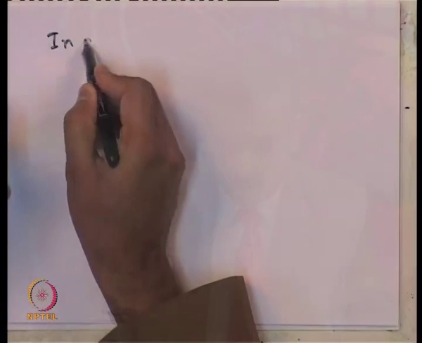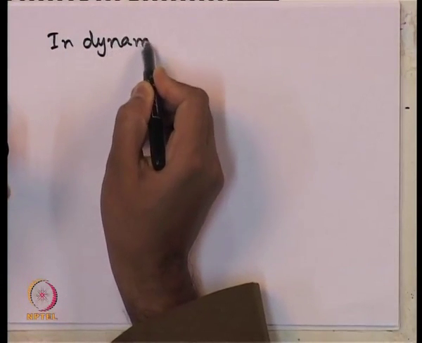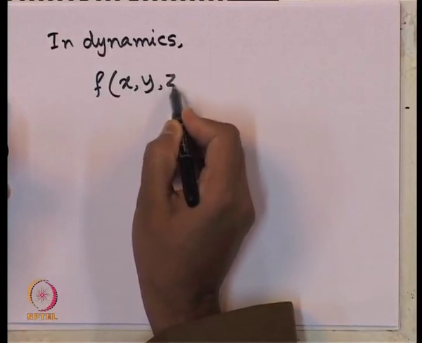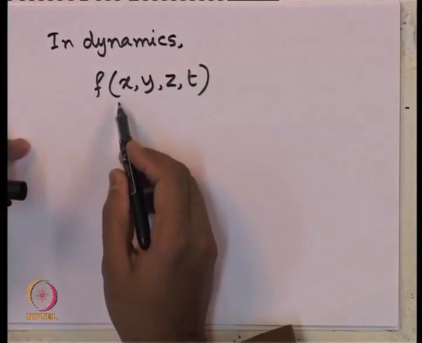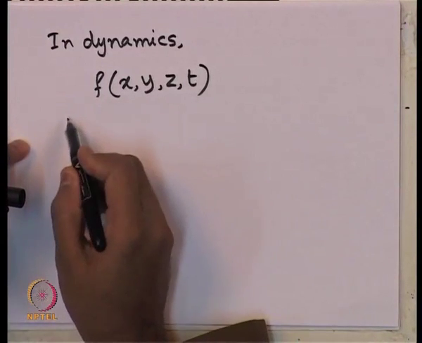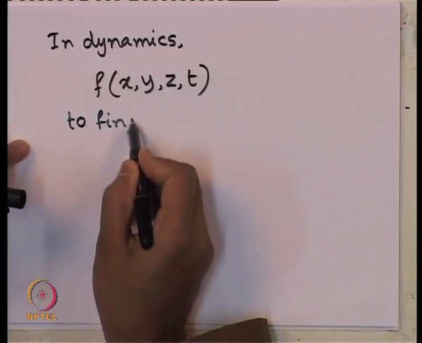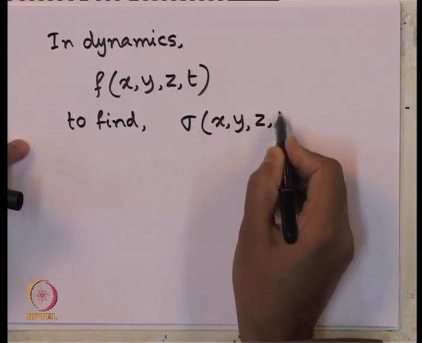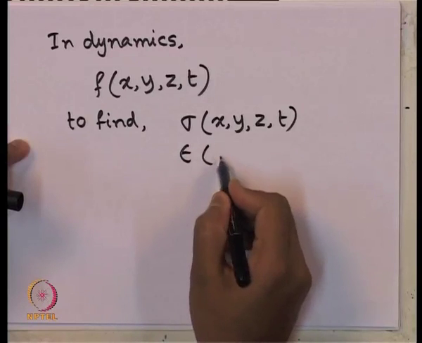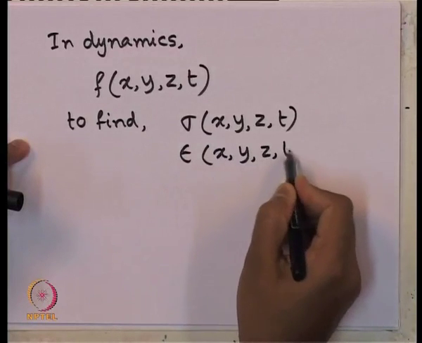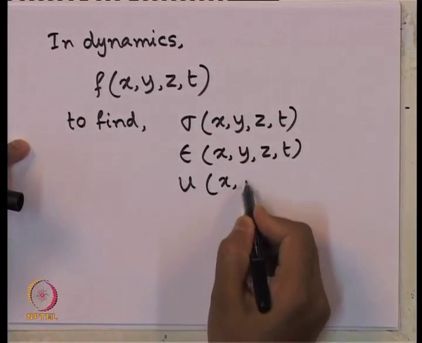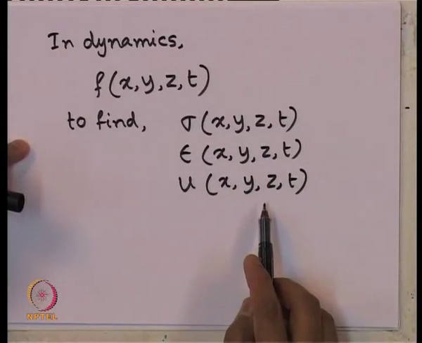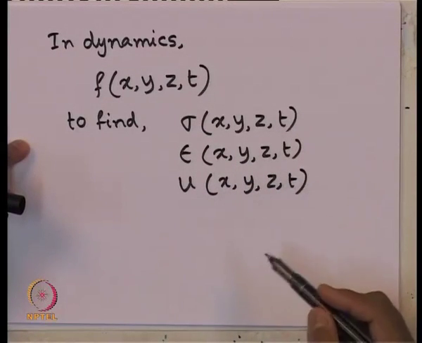In other words, in dynamics, we have applied load which can be a function of the coordinate system and time, and we can find out the results of stresses in the body, strain in the body and displacement in the body, which can be functions of the coordinate system x, y, z and the additional factor which is time.